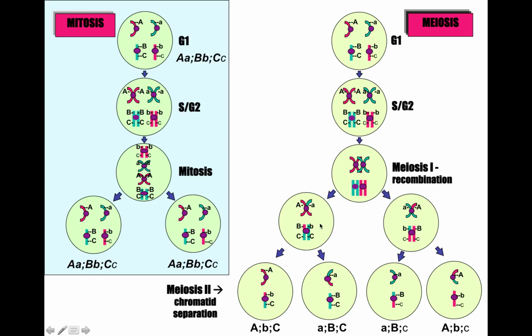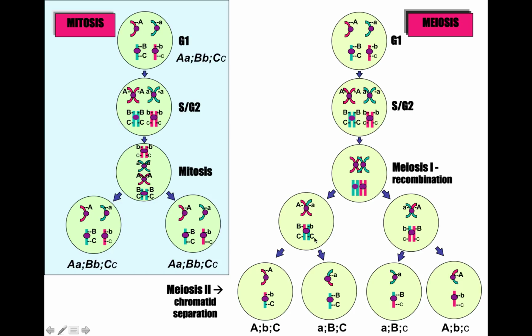So you've exchanged a piece of this chromosome. And for the B and C gene containing chromosome, you've also exchanged a little bit of DNA. So that this chromosome now has a big B allele and a little b allele, but it still has the 2 dominant alleles for the C locus.